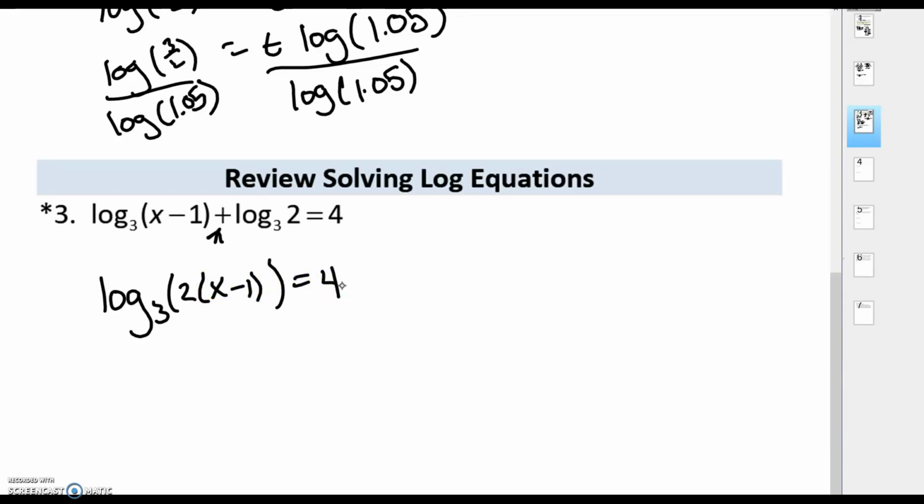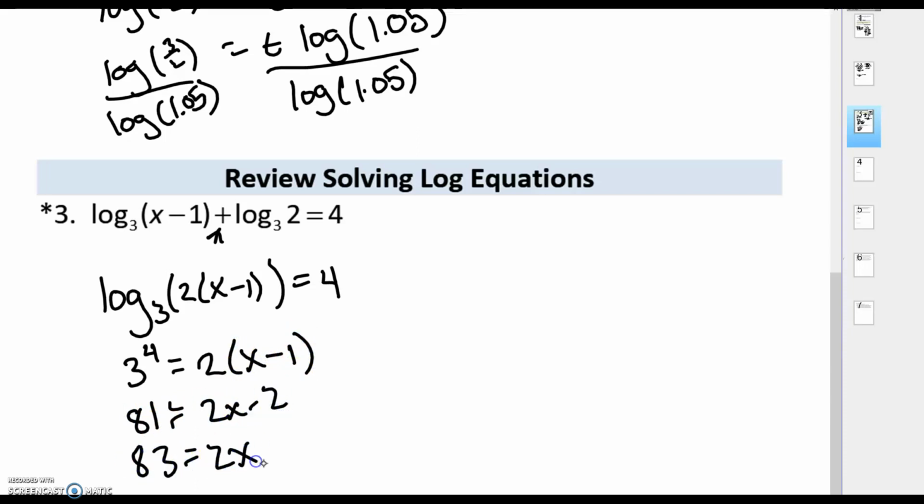I'm now going to switch this into an exponential equation. So I get 3 to the 4th equals 2 times x minus 1, or 81 equals 2x minus 2, 83 equals 2x, so x equals 83 over 2.